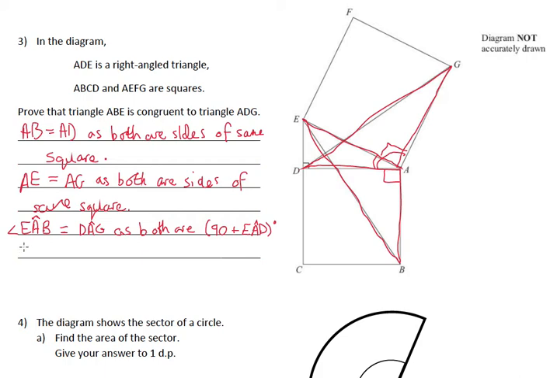So we say, therefore, to sum up in a final point, therefore, triangle ABE, using a little shorthand for triangle, a picture of a triangle, triangle ABE is congruent to triangle ADG, and we just need to state which rule we've proved it by. We've proved it using side angle side, and that's enough.